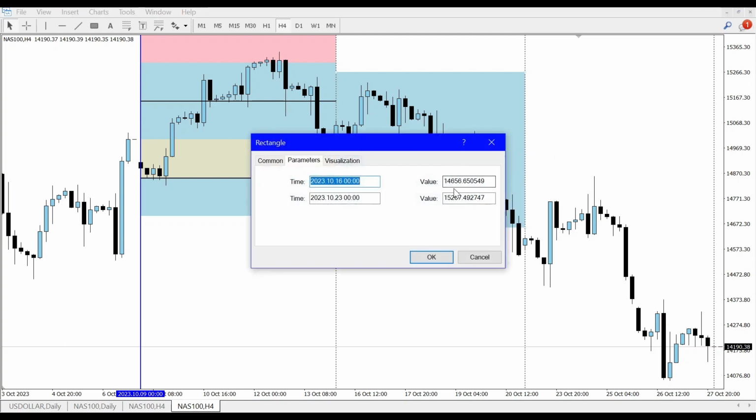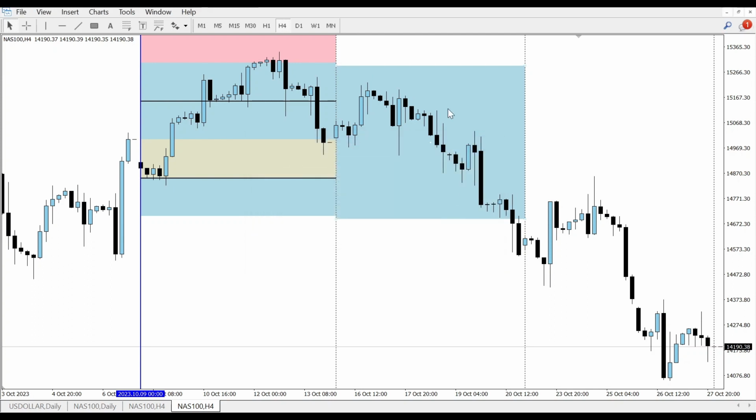So when we subtract 300 from the previous trading week's closing price, we're going to end up with 14690.43. And when we add 300 pips to it, we're going to get 15290.43. And this will be the projected average weekly range.